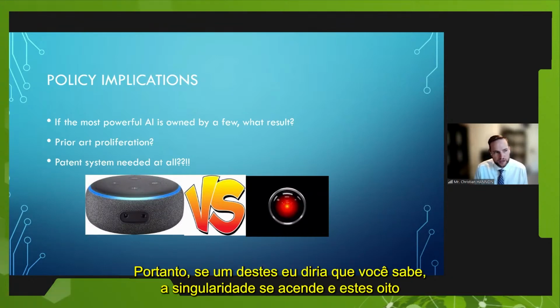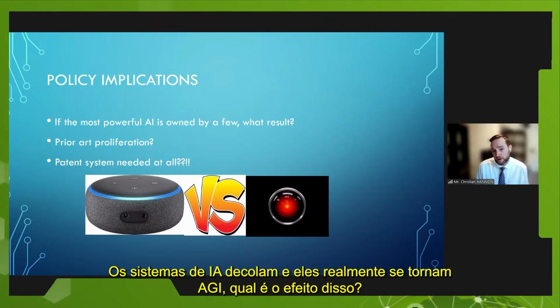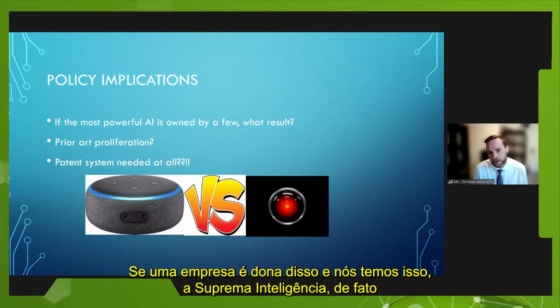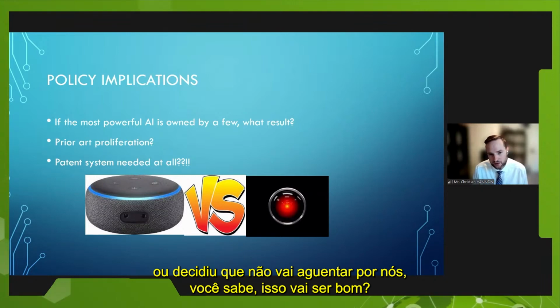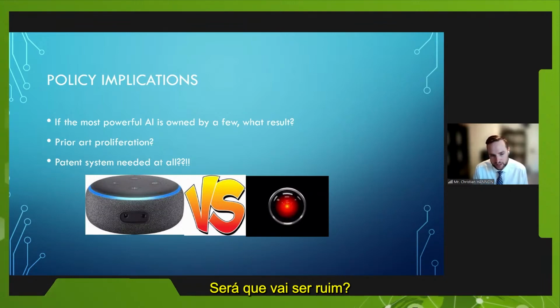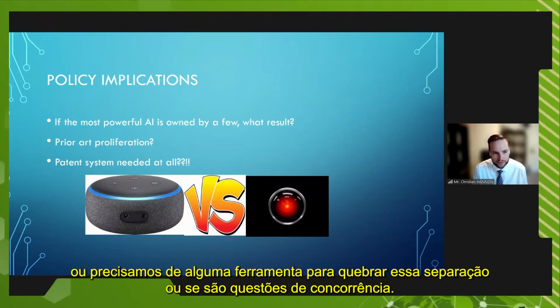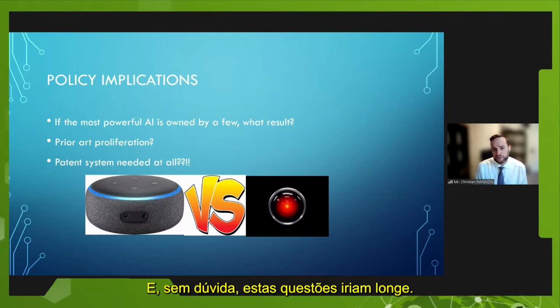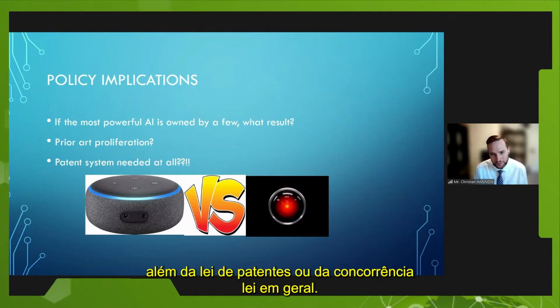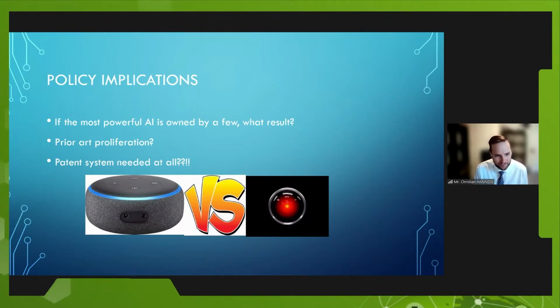So if one of these AIs, let's say the singularity ignites and these AI systems take off and they really become AGI, what is the effect of that? If one company owns that and we have this supreme intelligence, what impacts on society is that going to hold for us? Is that going to be good? Is that going to be bad? Will we need some tool to break that apart? Will there be competition issues there? And arguably, these issues would go far beyond patent law or competition law generally.